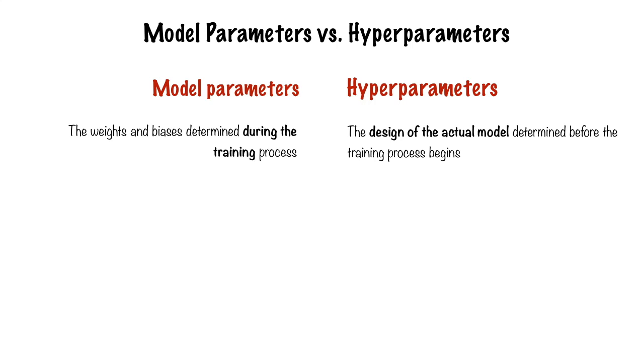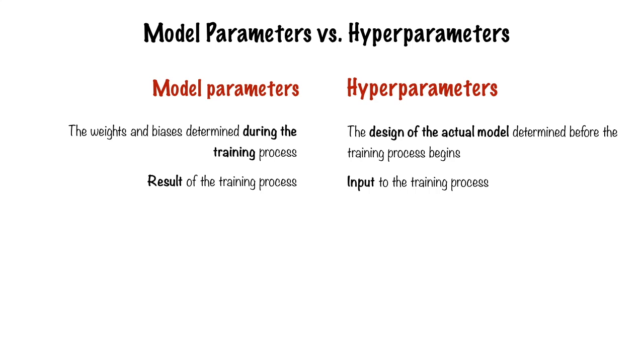These are determined before the training process begins. These are the design decisions that you make for your model. The entire objective of running your model through a training process is to determine the model parameters. The model parameters are the result of the training process, and the model parameters are what you use to make the prediction on real world data.